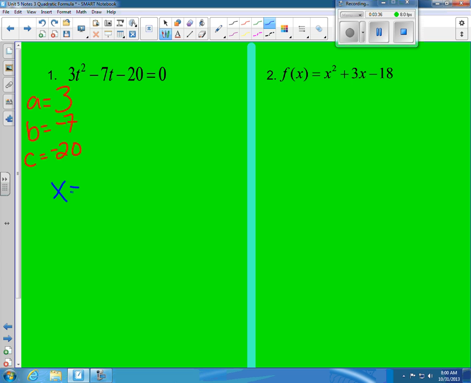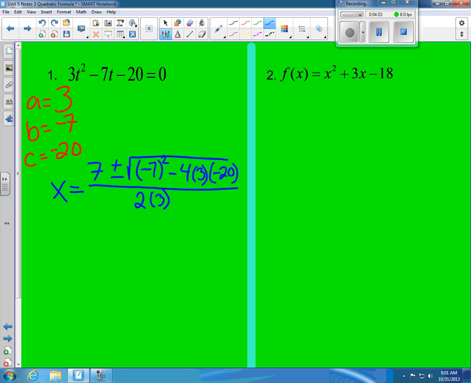So we're going to have x equals, so we're thinking opposite b, so b is already negative 7, so we're going to change it to positive 7, plus or minus the square root of negative 7 squared. Don't forget to put your negative 7 in parentheses, minus 4 times a, which is 3, times c, which is our negative 20, all over 2 times our a, which is 3.